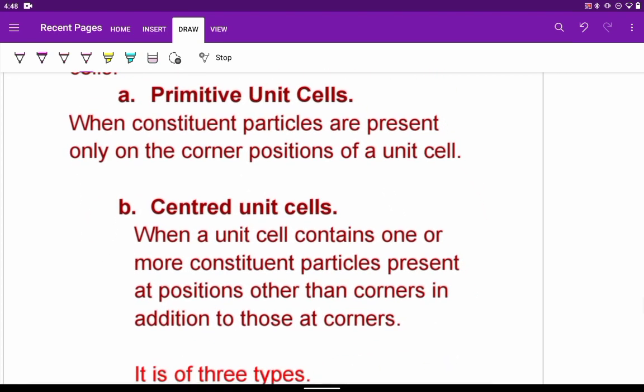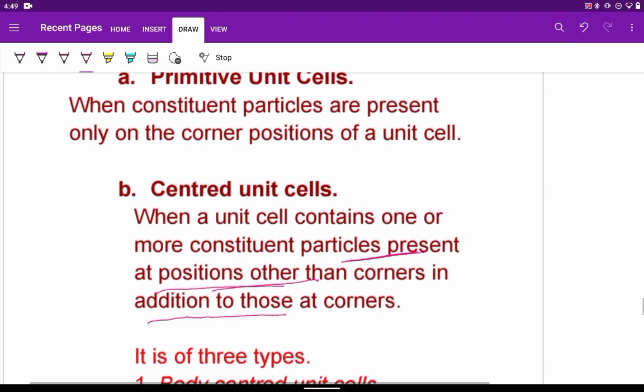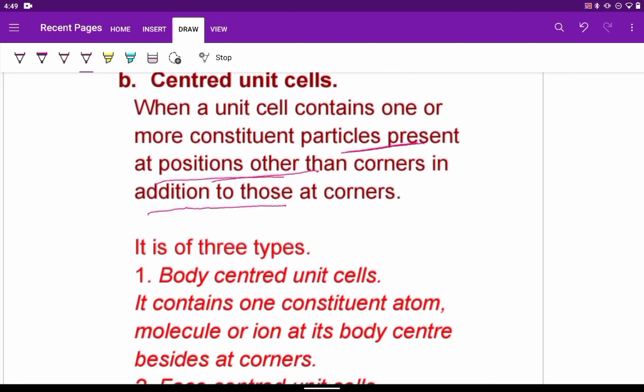Whereas if a unit cell contains one or more constituent particles at positions other than the corners, in addition to the corners, then it is a centered unit cell. Centered unit cells are again of 3 types.